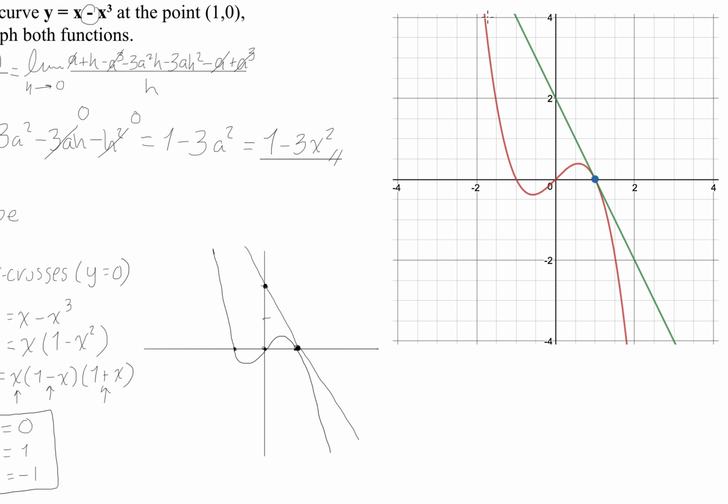This is our function, an inverted N. This is our point, and this is our tangent line. We know that it is descending because the leading coefficient is negative. So that's it. This is how you find the equation of a tangent line at a given point.